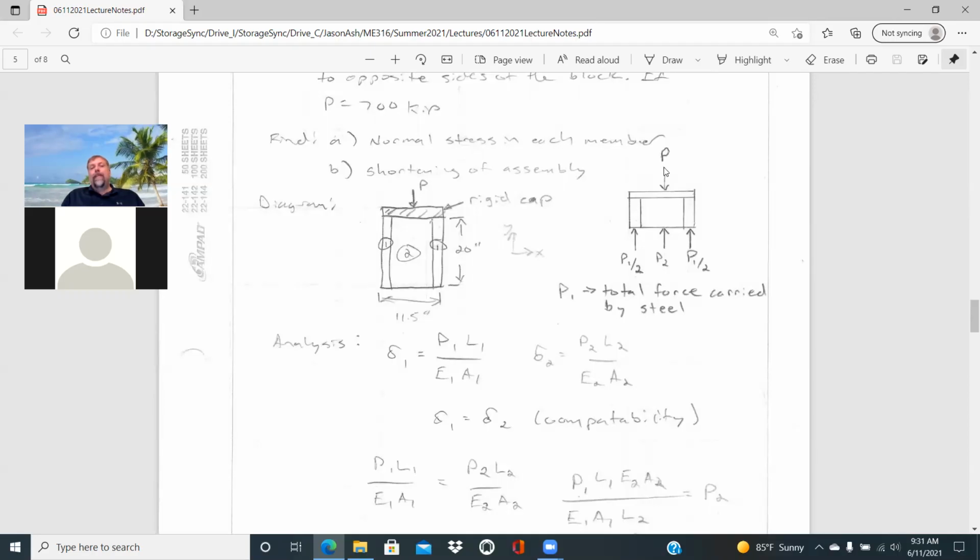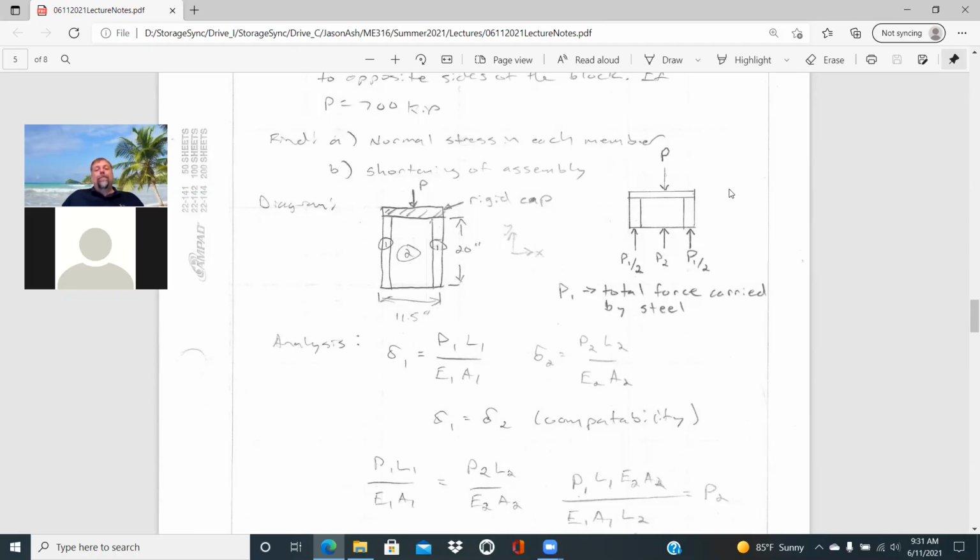P is given as 700 kip, but we'd have two unknowns, P1 and P2, in that summation of forces in the y direction. And so we see from equilibrium alone that we have one equation and two unknowns, P1 and P2.